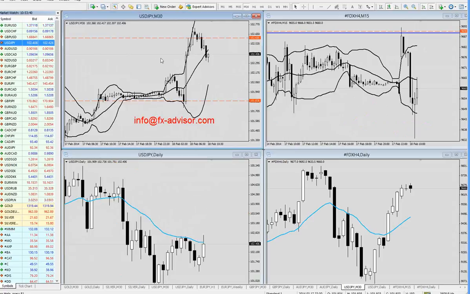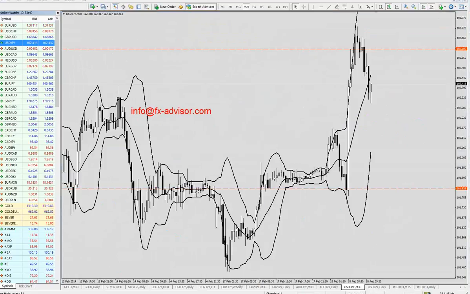We are staying 50% long dollar yen. Before our live trading room, we sent out information to you. We also updated our website that we took profit partially here. We moved stop to the entry level, so we are quite safe here.